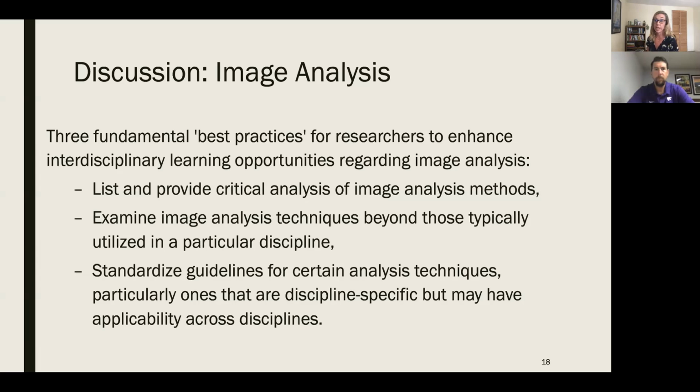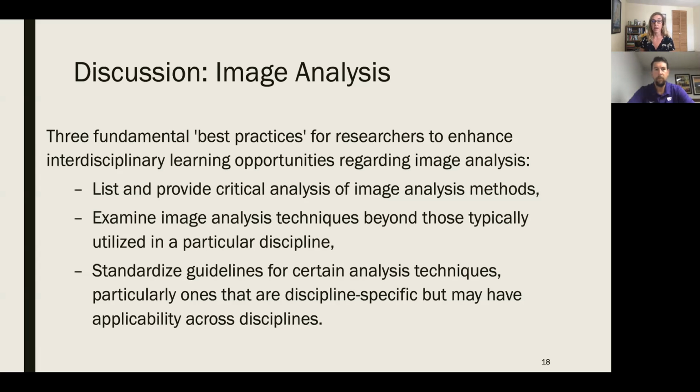In terms of image analysis, we came out with some recommendations here as well. While every single resource that we found did tell us their image analysis technique, whether it be automated, geospatial, manual, or LiDAR, for example, only about a third of those sources actually provided recommendations for how to do that.